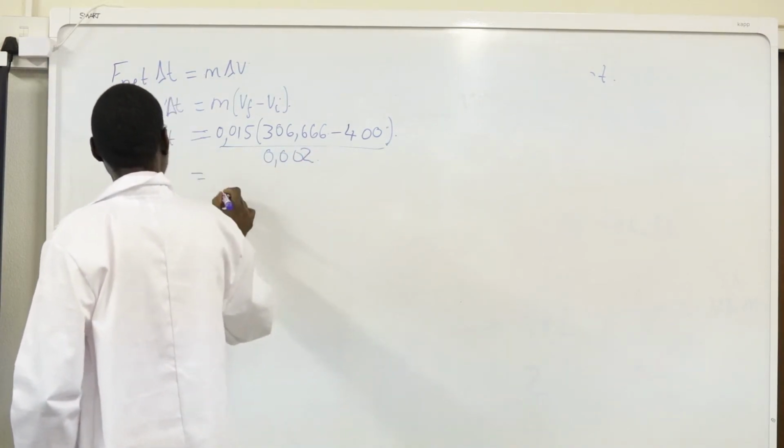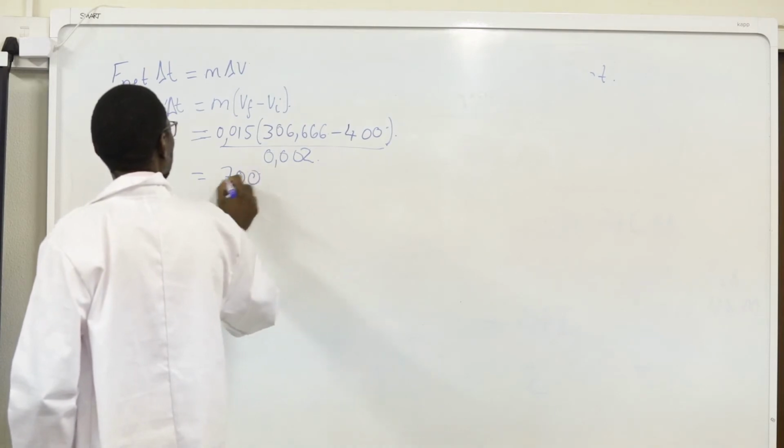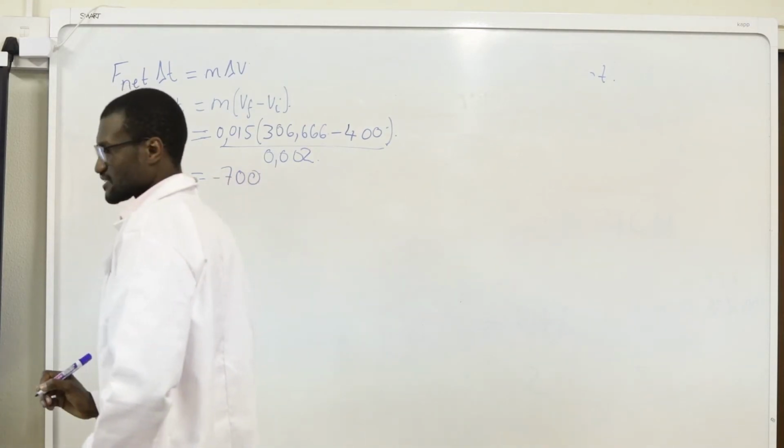Our F net in this instance is minus 700.